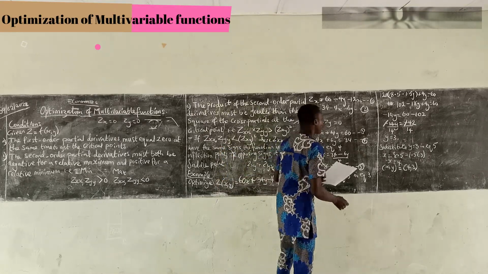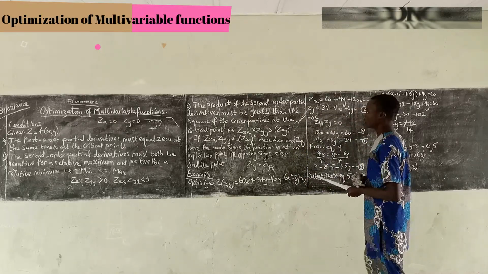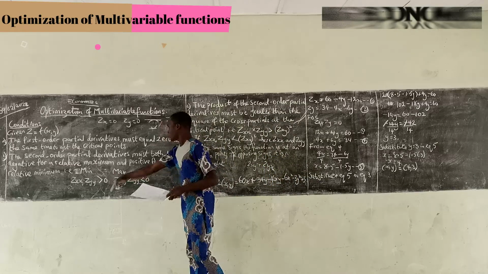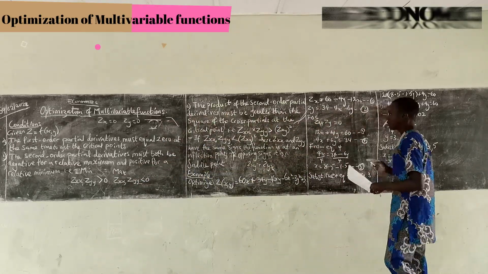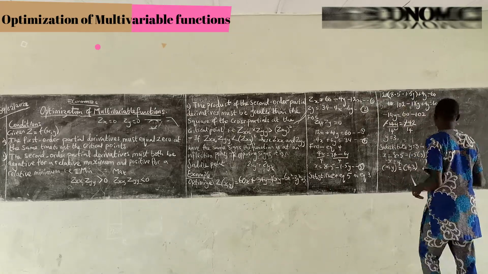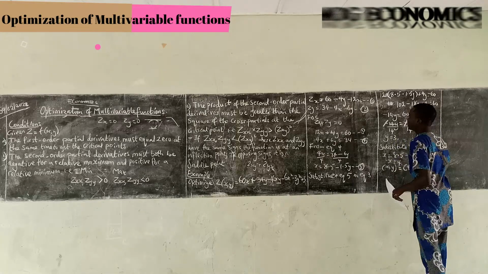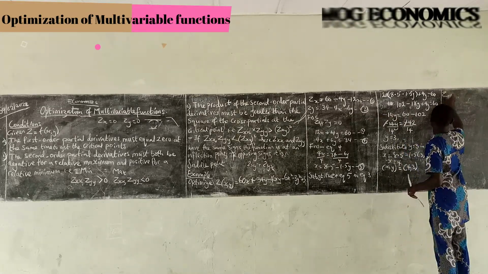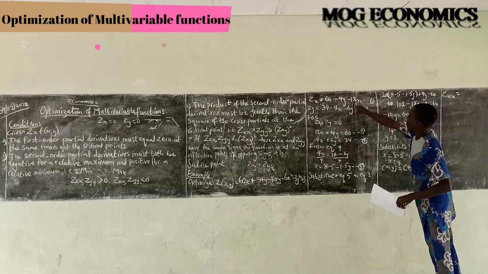Now with these numbers, how are we going to show whether this is a minimum or a maximum point? To show that, we'll need zxx and zyy, and see if they are both greater than 0 or both lesser than 0. So what is zxx? We are differentiating with respect to x again, so zxx will be equal to minus 12.